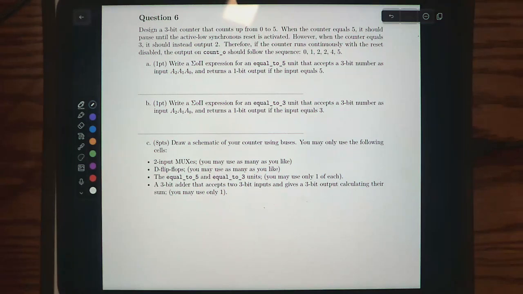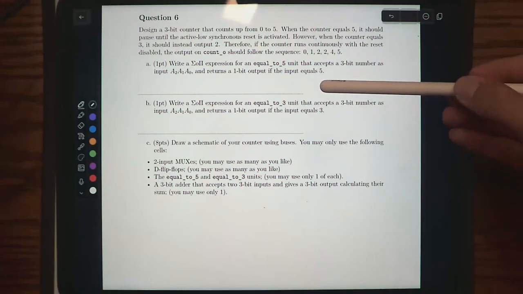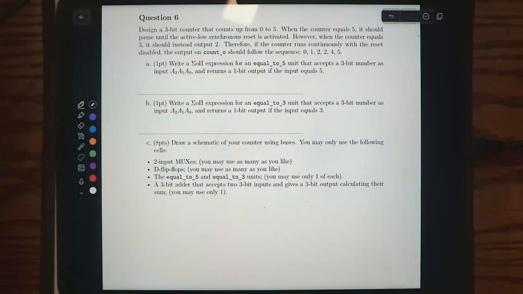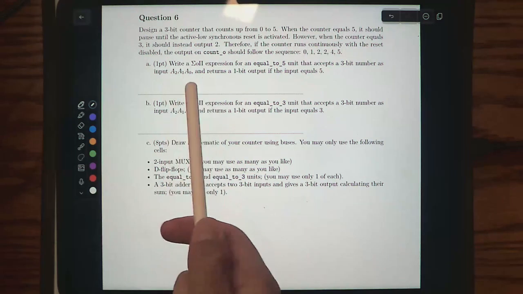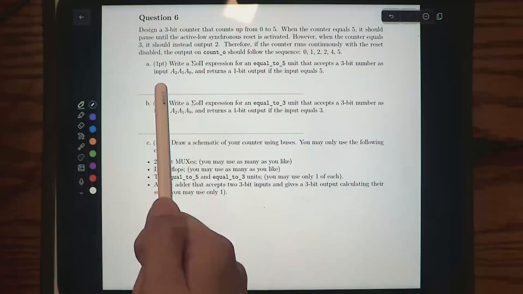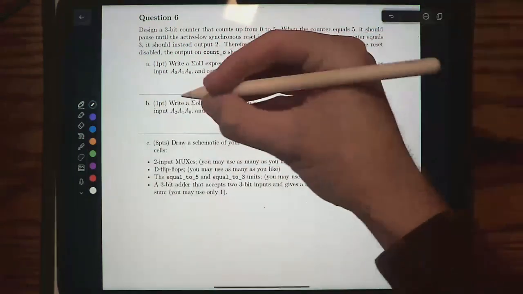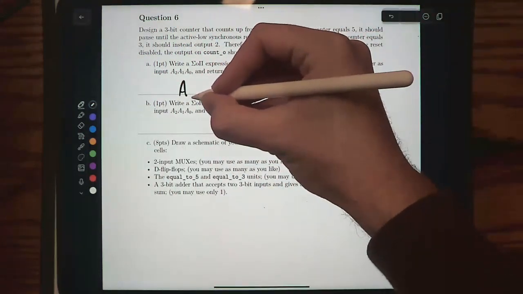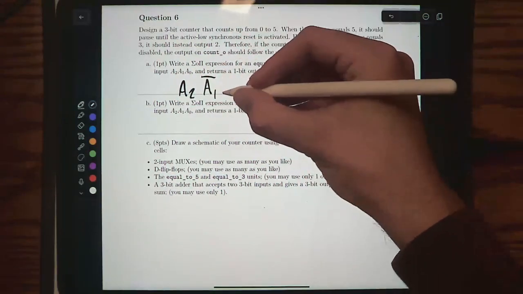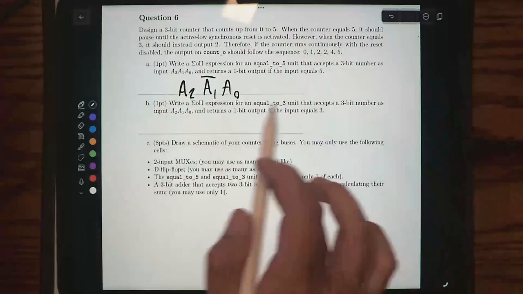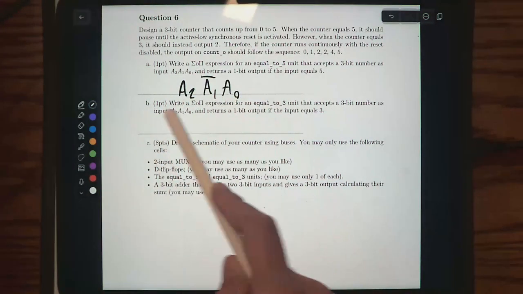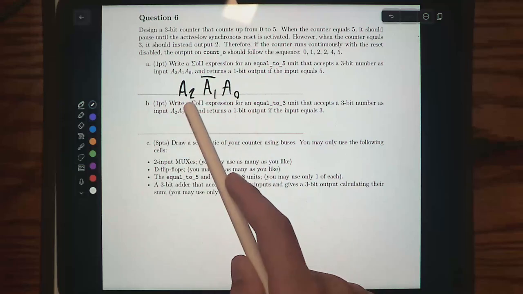Is it A2 and not A1 and A0? Yeah, exactly. There is only one possible input where this should produce a 1. The only time this will produce a 1 is if A2 is 1, and A1 is 0, and A0 is 1. So this is the solution for the only time that this input will equal 5.